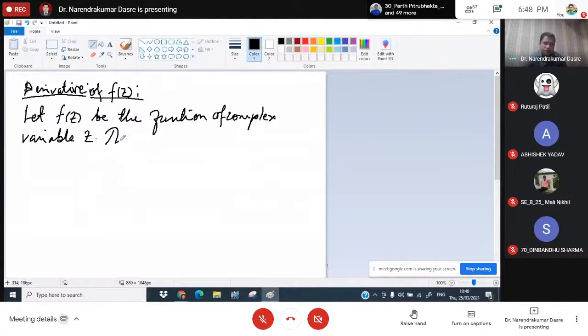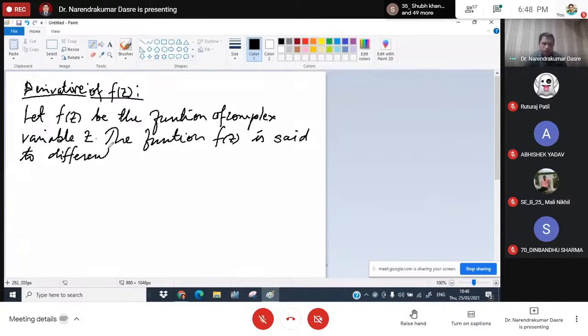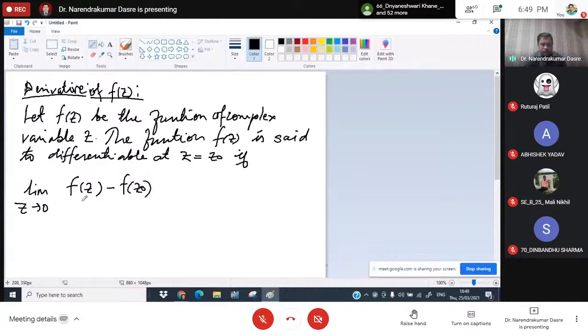Then the function f of z is said to be differentiable at z equal to z0 if the limit as z tends to z0 of f of z minus f at z0 over z minus z0 exists.